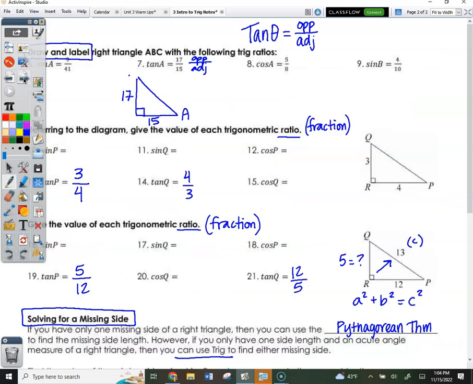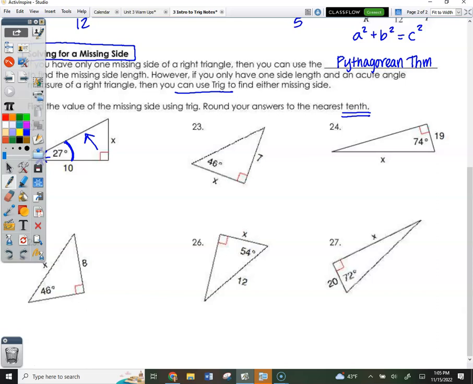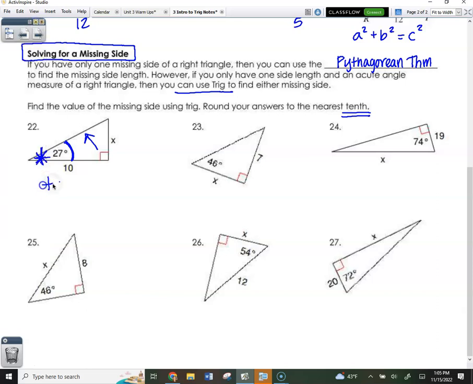So going back to the back, I'm going to set it up. Tangent. What's the angle measure? Equals fraction bar. What's the formula for tangent? Opposite over adjacent. What's opposite? X. What's adjacent? 10. Okay, you set it up.